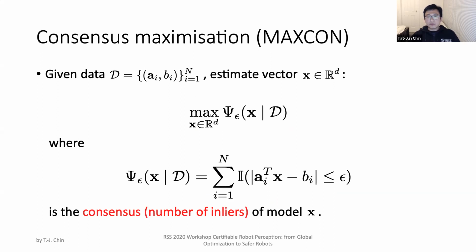And this gives rise to what we call the consensus maximization formulation, which is often used in computer vision and robotic vision. Given a bunch of points, we estimate a model X such that the number of inliers is maximized. We find the number of points such that their error with respect to the candidate X is within a threshold epsilon, and this indicator function simply counts them. That count of inliers is called the consensus of a candidate model X.